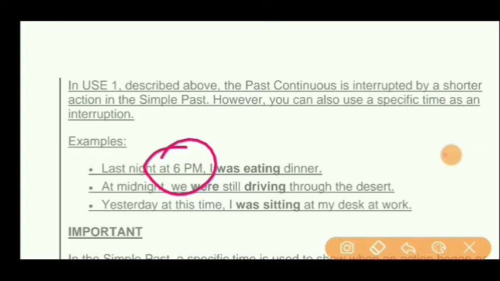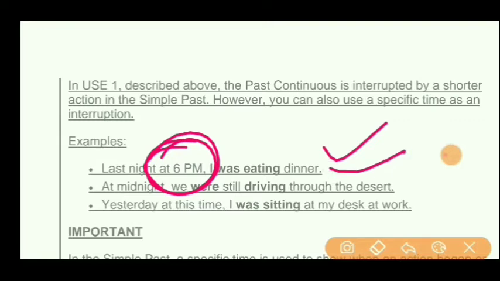So, last night at 6 p.m. I was eating dinner. So when somebody is talking about when he was eating or taking his dinner, it means that he was interrupted. Let me clear you more.